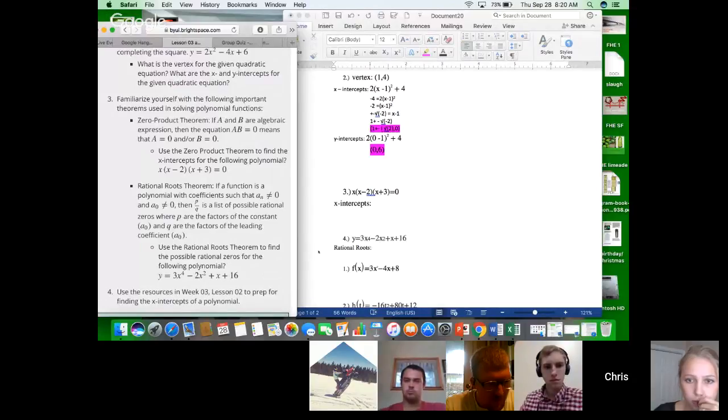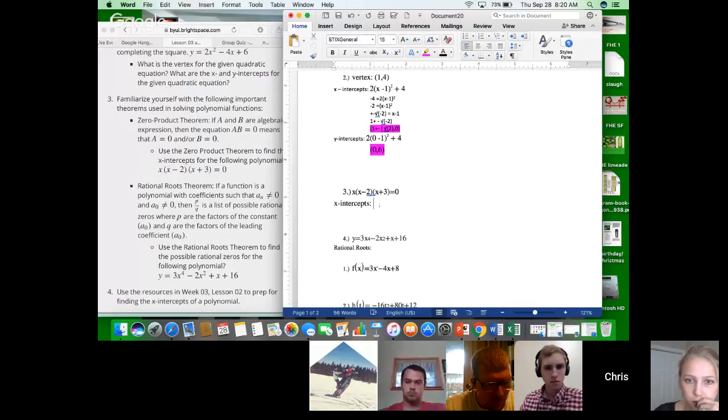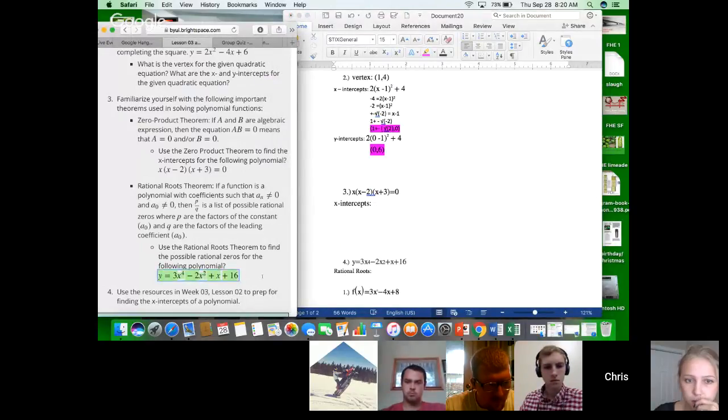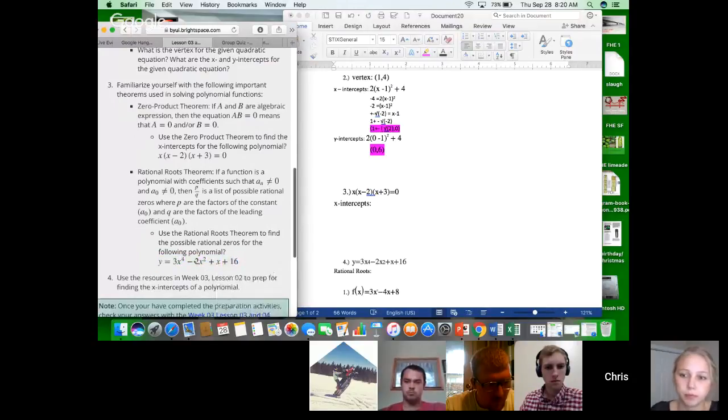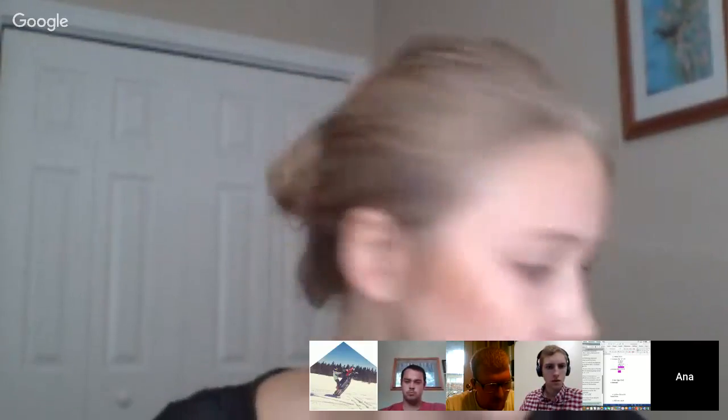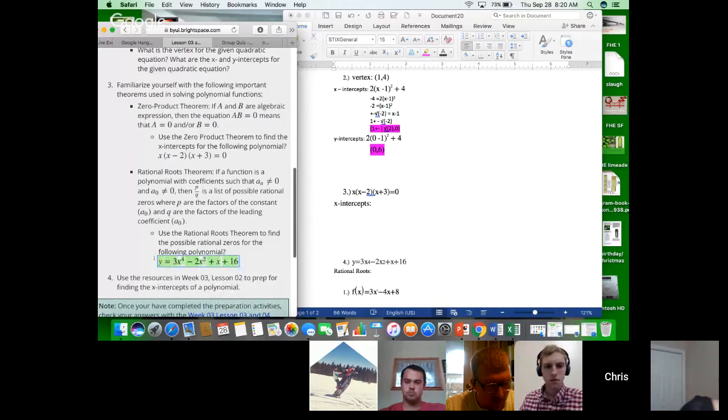Use the zero product theorem to find the x-intercepts of the following binomial. I forgot to add one. But yeah, we're going to have to find the x-intercepts of that. I forgot to add this one right here.